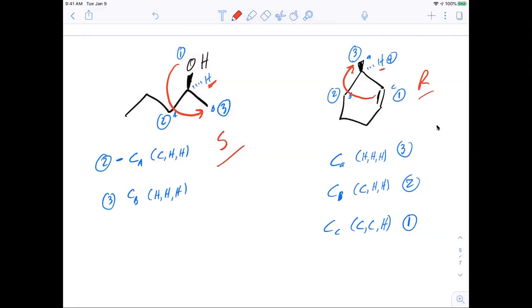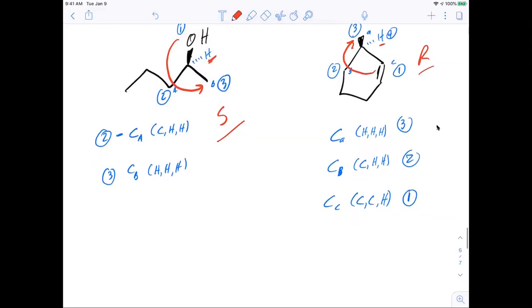Now, if we were going to name this, right, this one is going to be R 3-methyl cyclohexane. Oops. And again, remember the ene of that has to be the 1 and the 2. So that makes it 3-methyl.